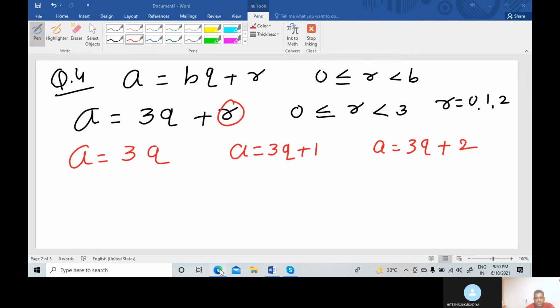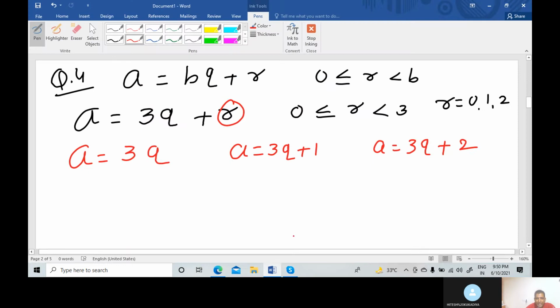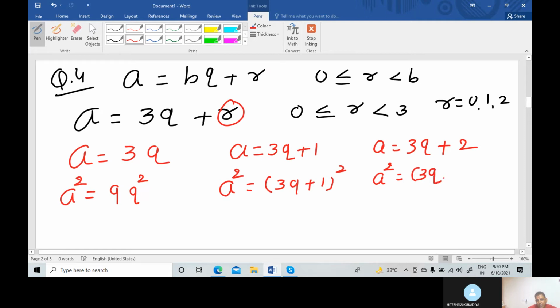Now read the question: use Euclid's division lemma to show that the square of any positive integer. So we square all the numbers, squaring both sides. a square is, for 3q, 3 squared is 9 and q squared is q squared, so 9q squared. Where there is more than one term, we first take the bracket and then the square. Same here: a square equals 3q plus 2 whole squared.